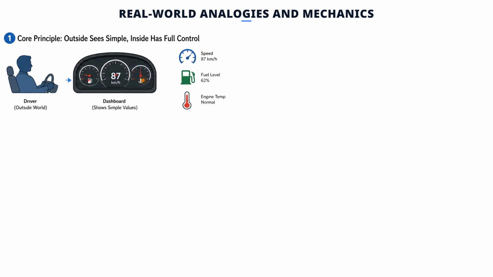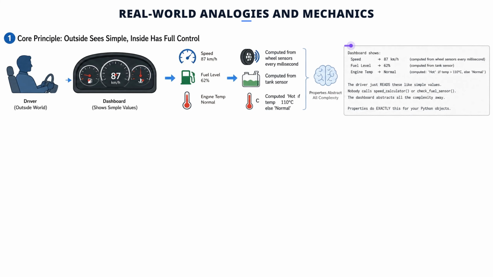As the driver, you simply read these values. However, behind the scenes, the speed is actually being computed from wheel sensors every millisecond. The engine temperature is constantly being evaluated. The car checks if it exceeds 110 degrees Celsius just to decide whether to display a simple hot or normal. Properties allow your Python objects to present simple values on the outside while performing all of this complex calculation and checking in the background.